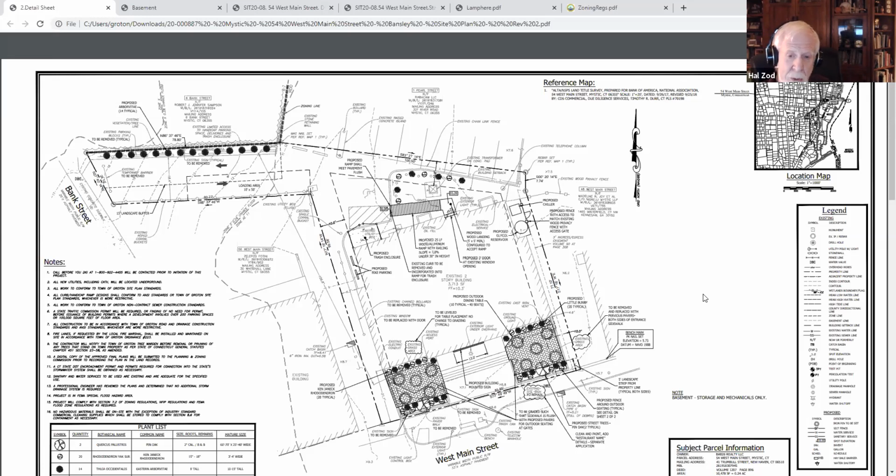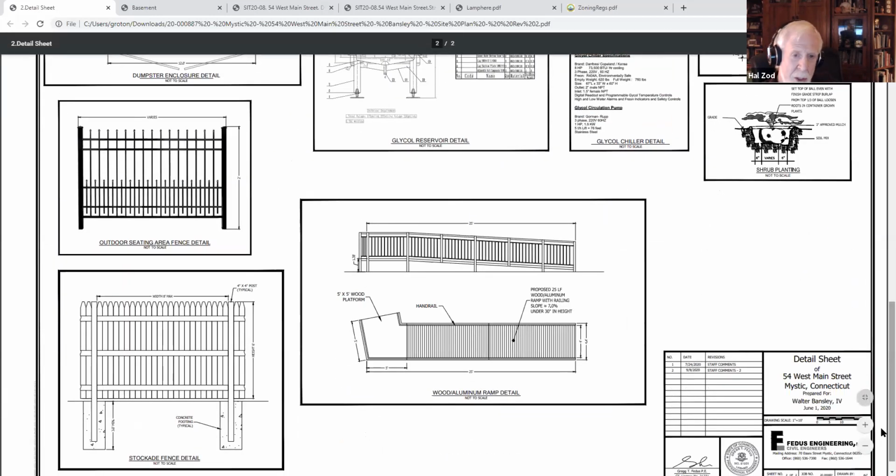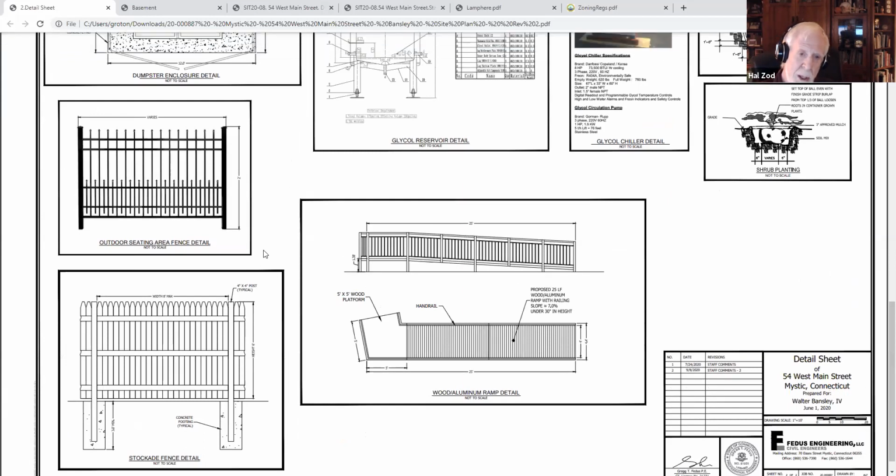A little detail for the fencing I noticed around the front seating areas. It looked like the total section of the fence has a dimension on there, in the outdoor seating area fence detail on the left, and it shows it being 2 feet tall, which means I'm going to have people standing and maneuvering and walking by it and pulling their seats out next to a 2-foot tall fence, which means I'm going to have people falling over it because it's just about the level of their seats.